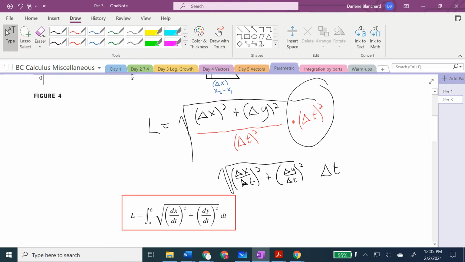Now, does that formula actually look familiar from yesterday? That is the formula for distance traveled.